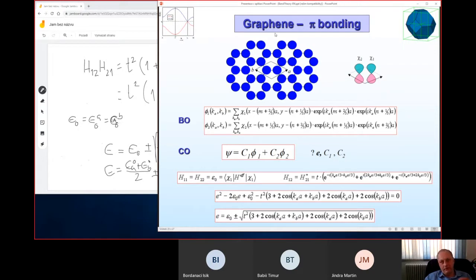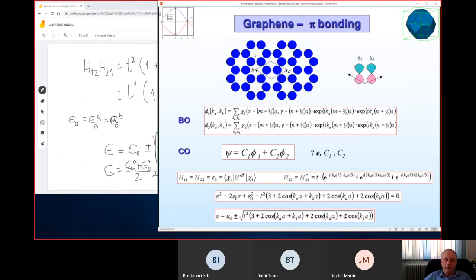Graphite means the three-dimensional structure where we have these planes, but they are stacked along the c direction of the hexagonal unit cell, and there are only weak interactions between the individual planes. But in graphene, we have separated a single plane, so we have no interaction in the c direction, and we consider only the interactions within this single plane.